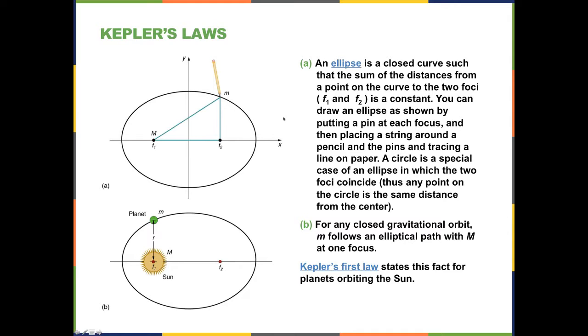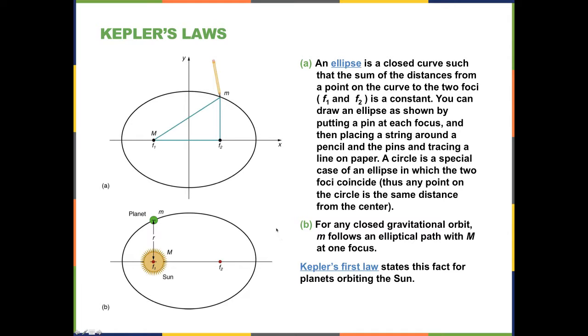And a circle is simply a special ellipse in which the two foci are on the same spot. So here, for any planetary motion, the path is the path of the planet, the small m, and the large M is one of the two foci and represents the sun.